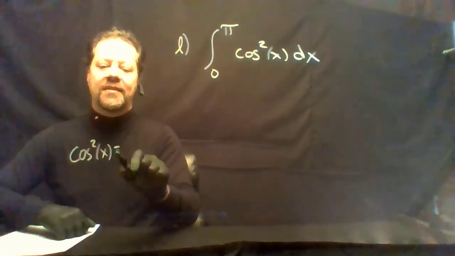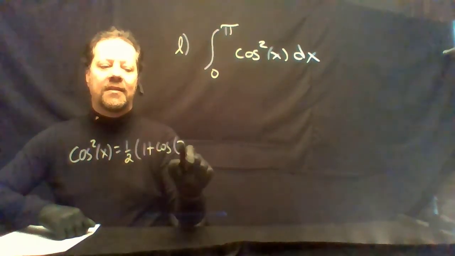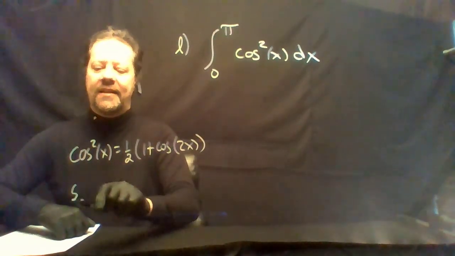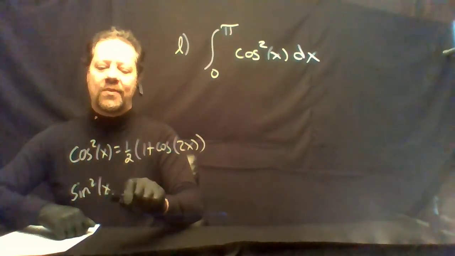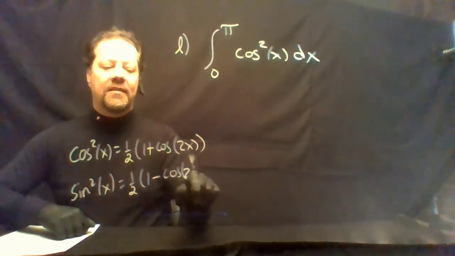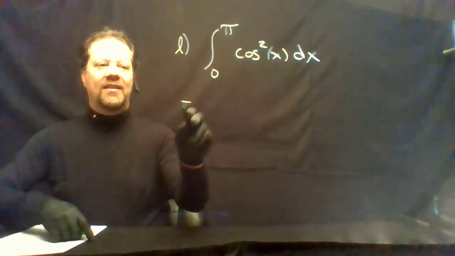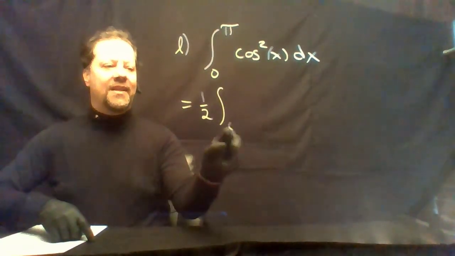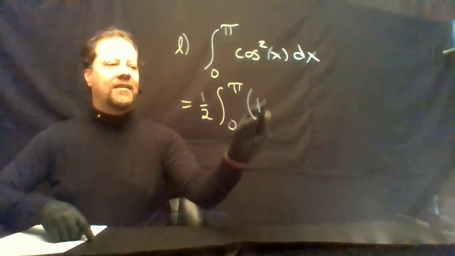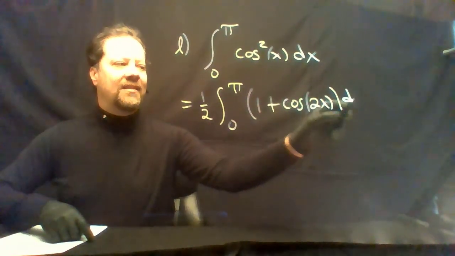Cosine squared of x is 1/2 times the quantity 1 plus the cosine of 2x, and sine squared of x is 1/2 times the quantity 1 minus the cosine of 2x. We have 1/2 times the integral from 0 to pi of 1 plus the cosine of 2x dx.